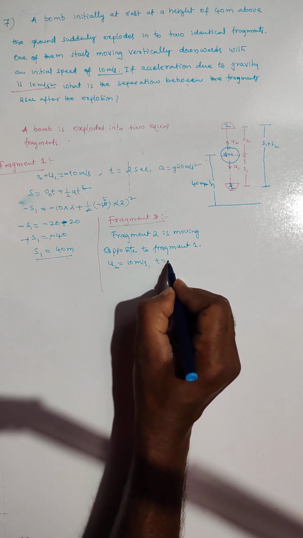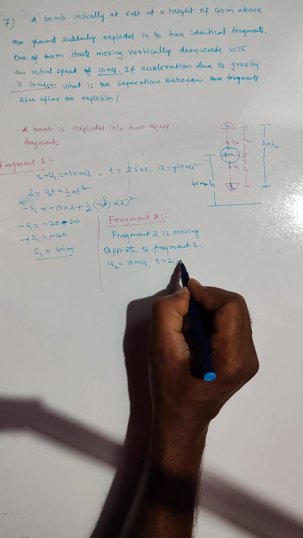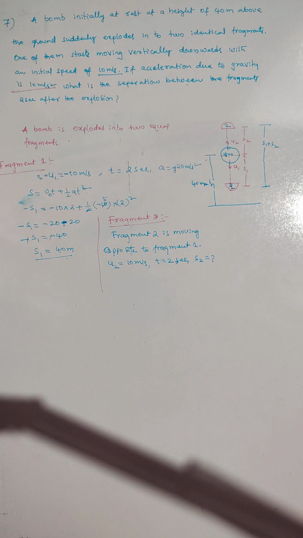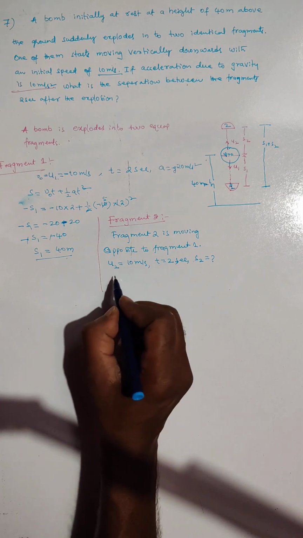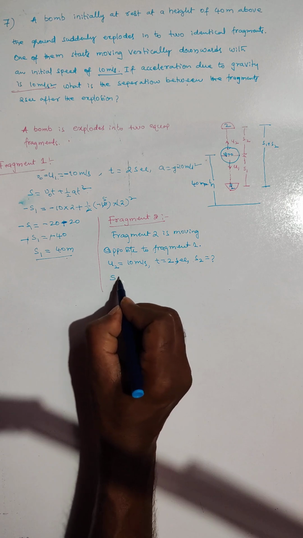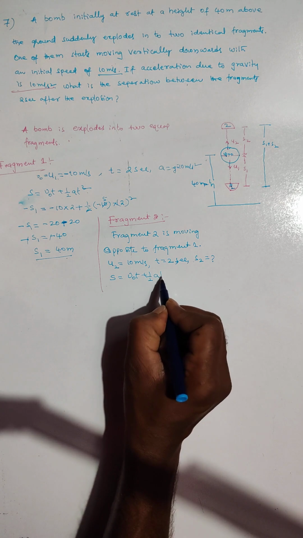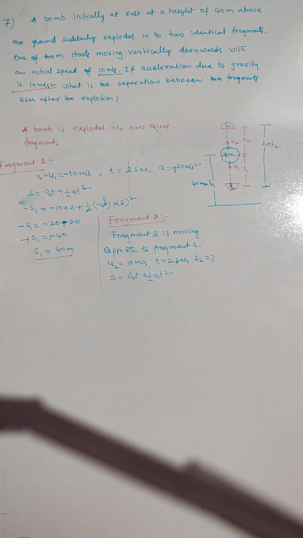In 2 seconds, what is the displacement S2? Write down again, S is equal to v naught t plus half a t square.